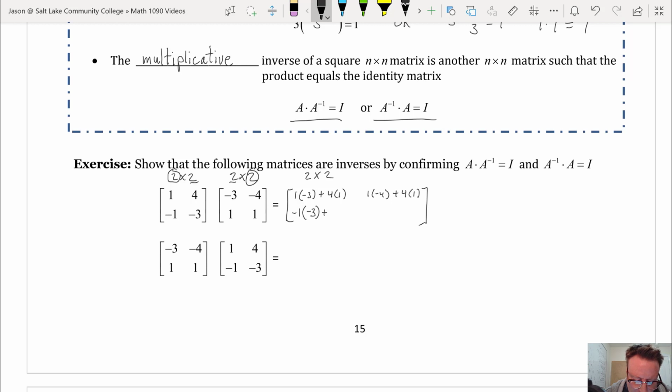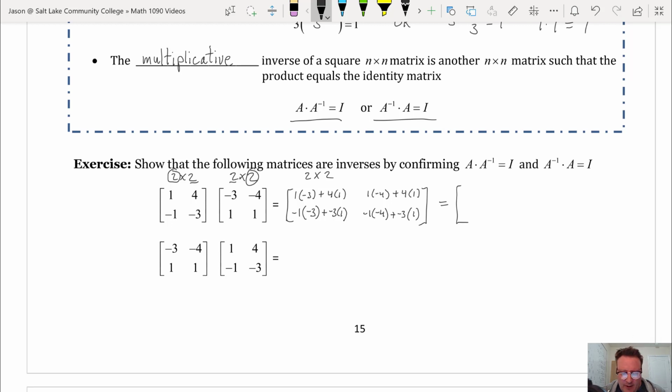And to that product, I add -3 times 1. Okay. And the final dot product here, I'm going to take the second row from the matrix on the left and the second column from the matrix on the right. Pair everything up. I get -1 times -4 plus -3 times +1.